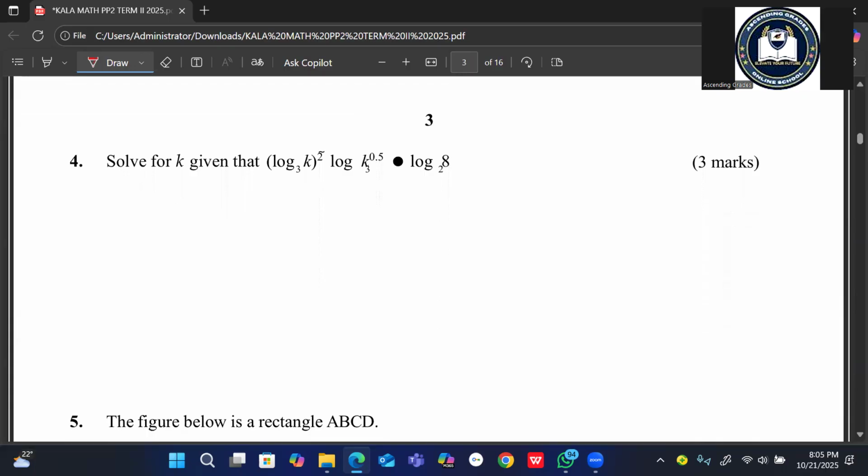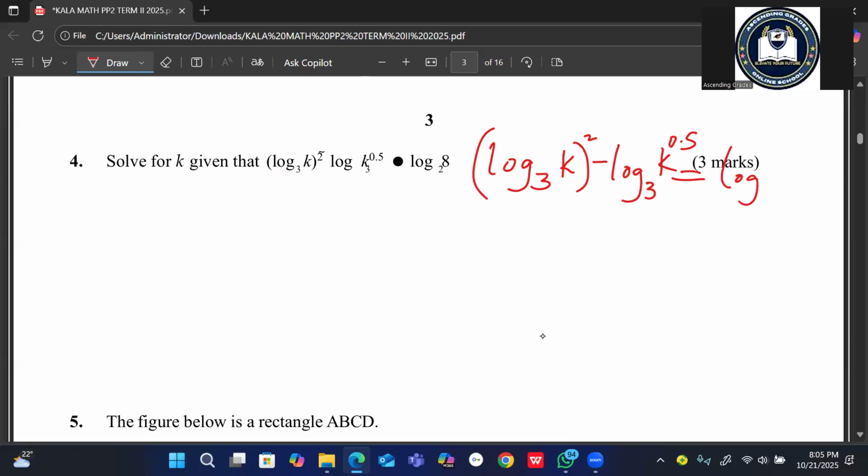Given, the question should be log k base 3, all squared, minus log k base 3 to the power 0.5, is equal to log 8 base 2.